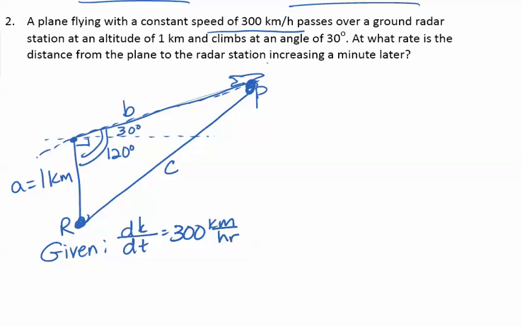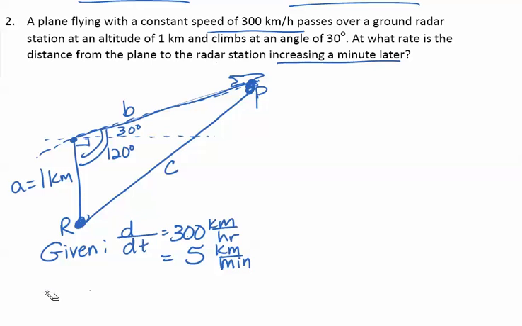And because I notice that we're interested in using a minute of time, you might also want to do the equivalent here. If it's 300 kilometers per hour, then divide by 60, it would be 5 kilometers per minute. So you'll be able to choose whichever of those two rates is appropriate.